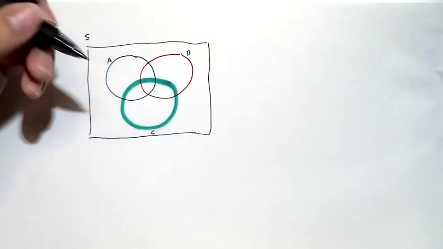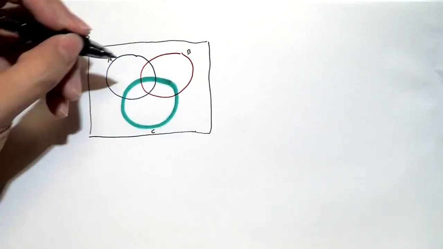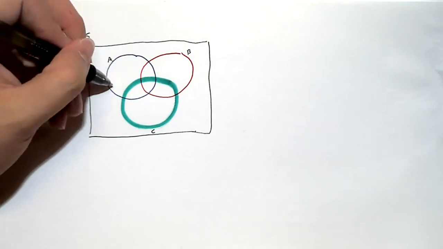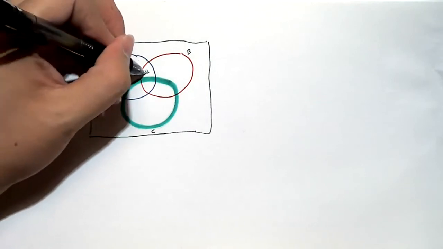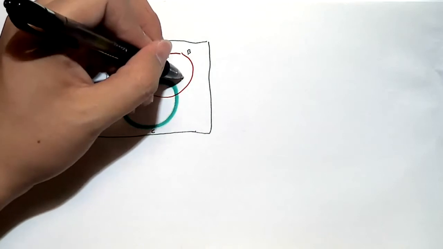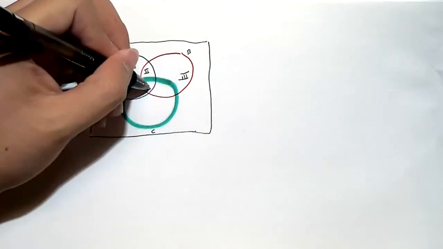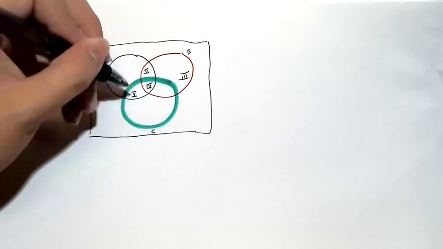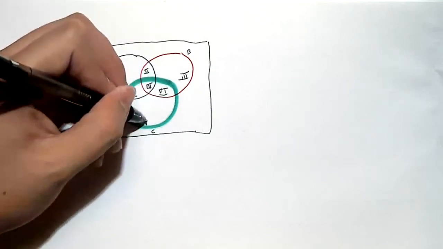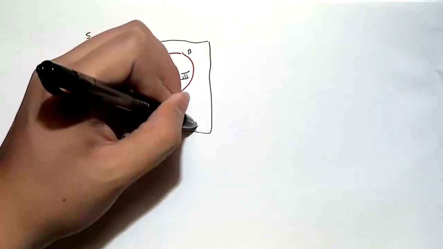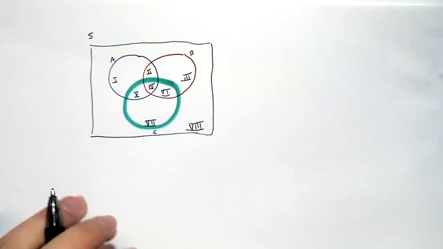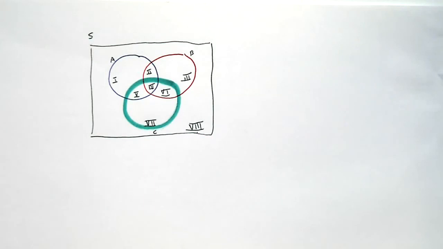I need to define my regions just so that I don't have to force you to come here and write anything on the paper. So I'll call this 1, 2, oh, this is going to be hard. 3, 4, 5, 6, 7, 8. Okay.